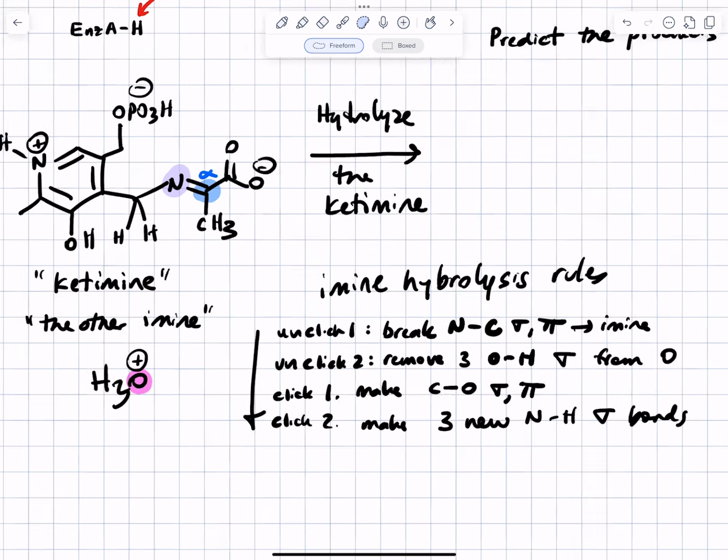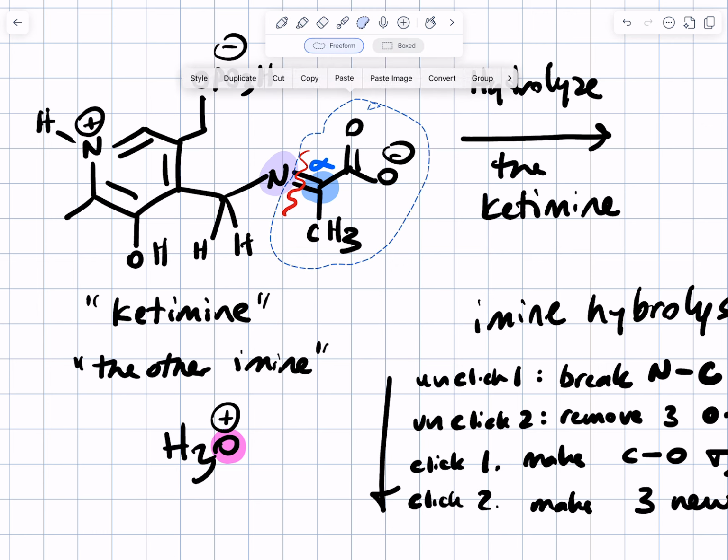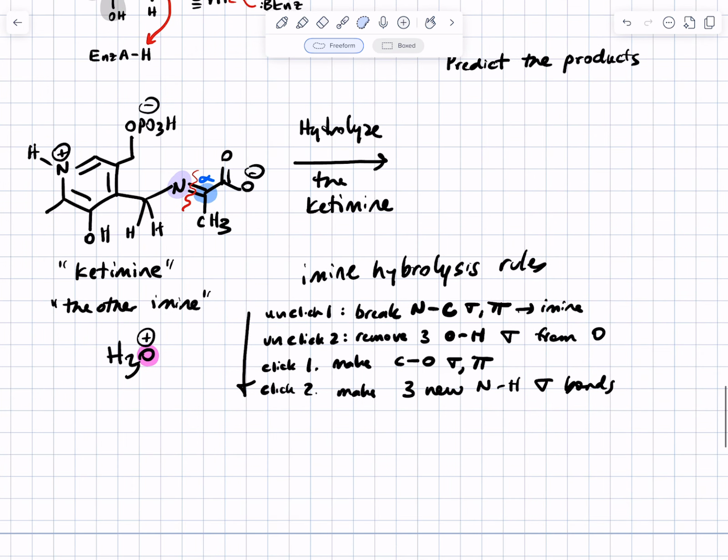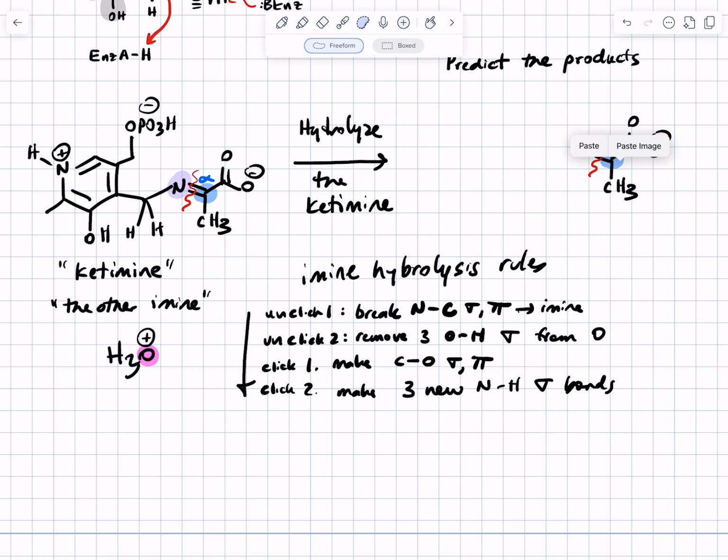Okay. So when you hydrolyze an imine, it's the pi bond and the sigma bond between the nitrogen and the carbonyl carbon that you're going to break. Okay? Conceptually, what I will do is unclick the carbonyl carbon from the nitrogen, put it there.